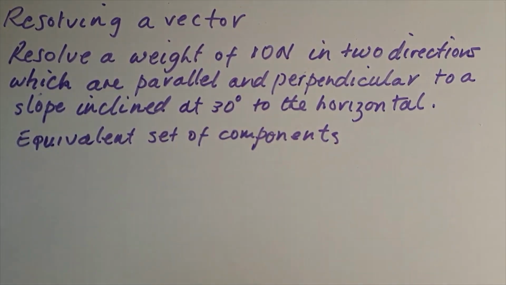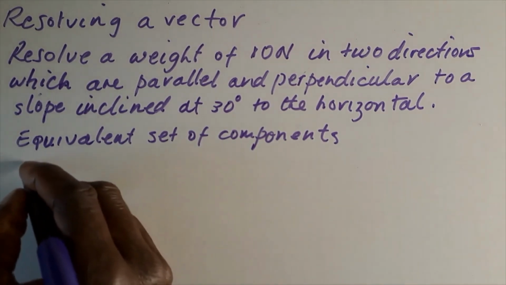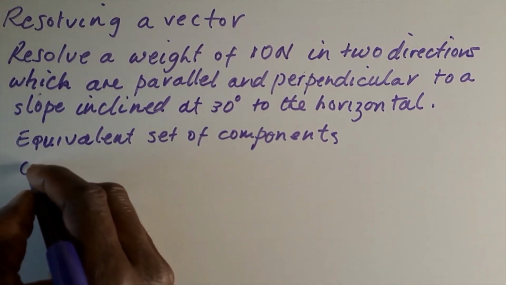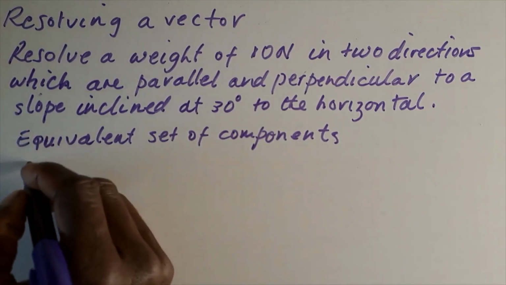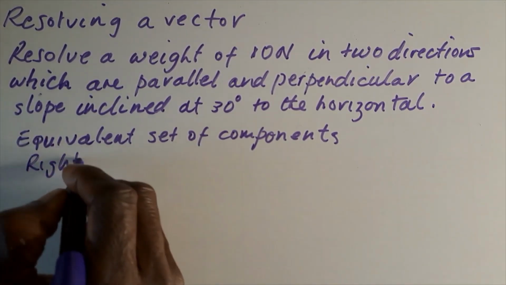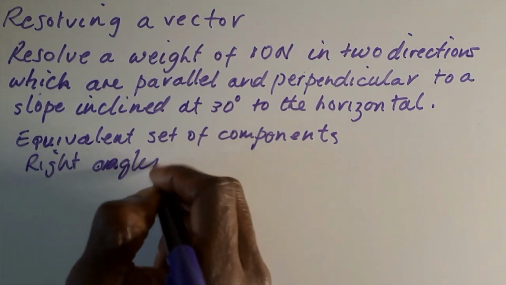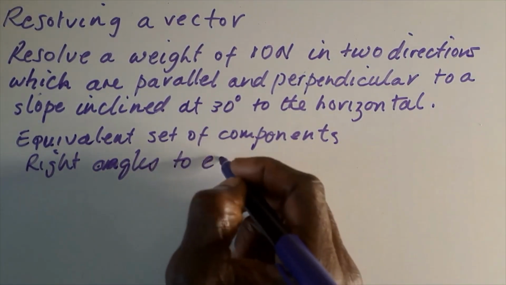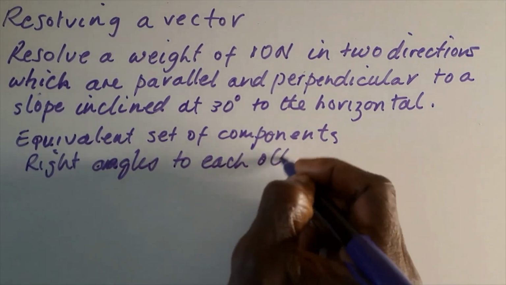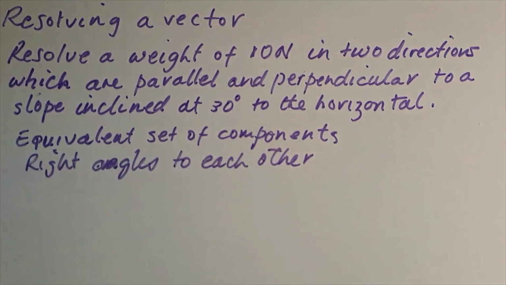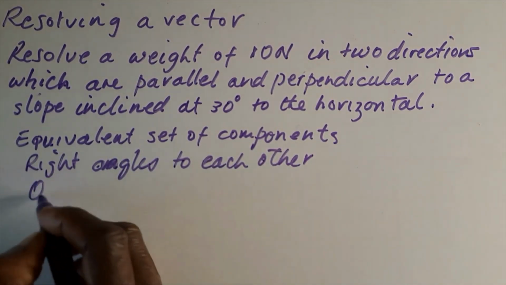We need to choose one of them to be at, or both of them to be at right angles to each other. They should be chosen to be at right angles to each other, and only two.